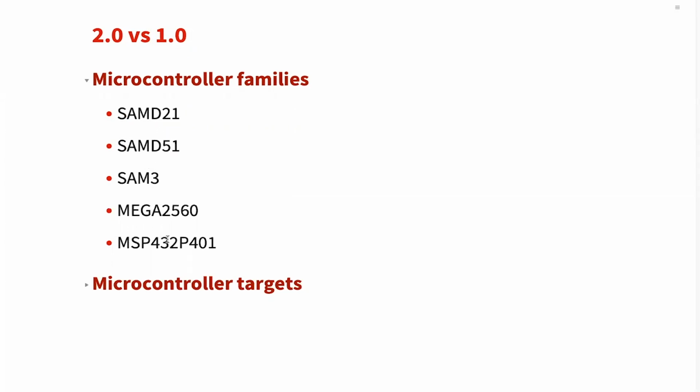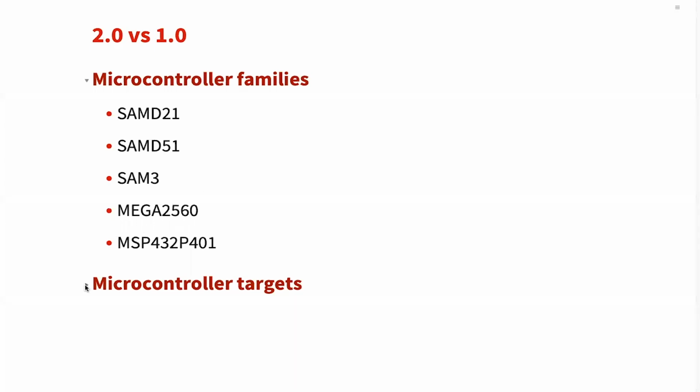And we have this one-off microcontroller from TI, but the big chunk of microcontrollers are the SAMD21 and its big brother SAMD51. So the 2560 is still an 8-bit, but all the others are 32-bit microcontrollers and are much more powerful. They have more flash and higher speeds than the 8-bit microcontrollers that were part of version 1.